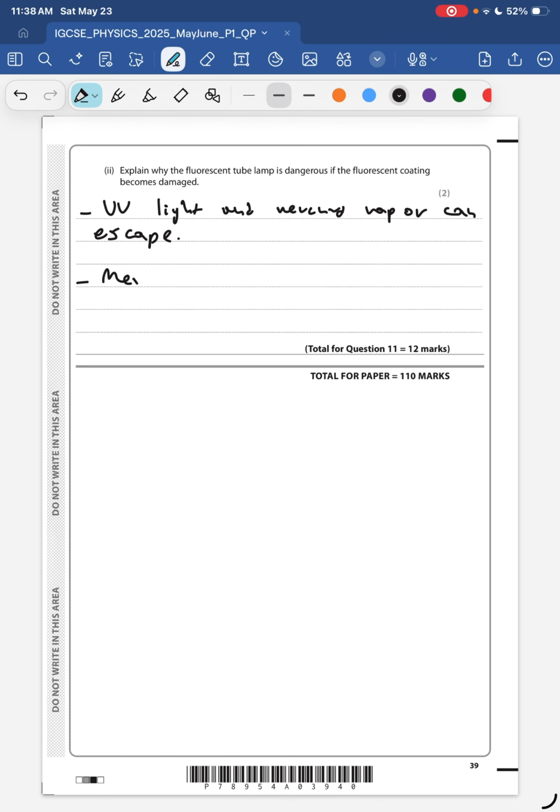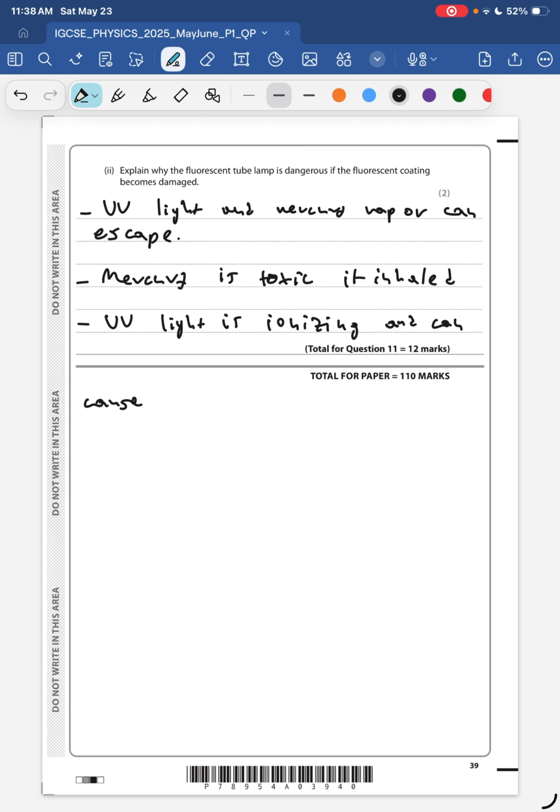Mercury is toxic if inhaled. That's the first problem. And the second problem is that UV light is ionizing and can cause eye damage or skin burns.